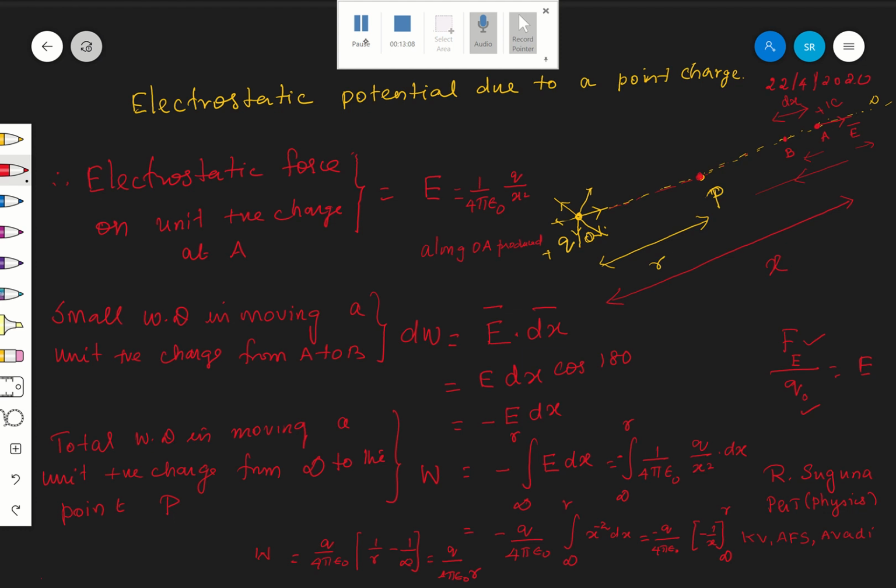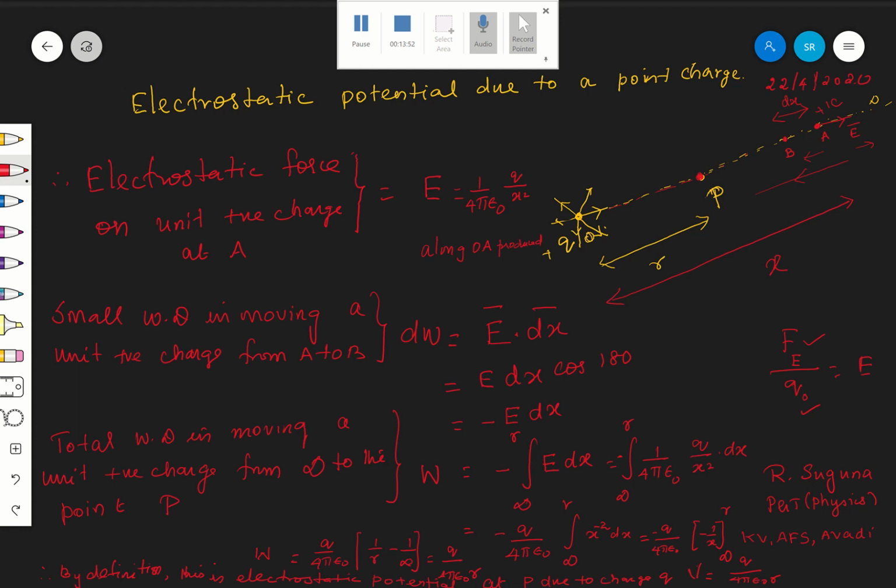Therefore, by definition, this is the electrostatic potential at P due to charge Q. That is, therefore you can say V equal to q by 4 pi epsilon naught r.